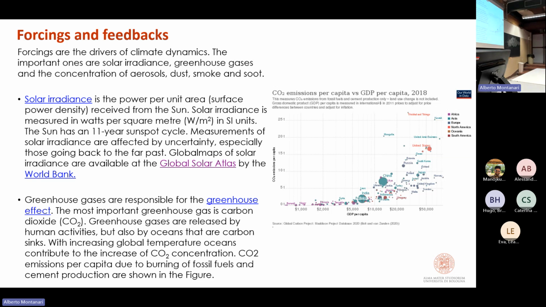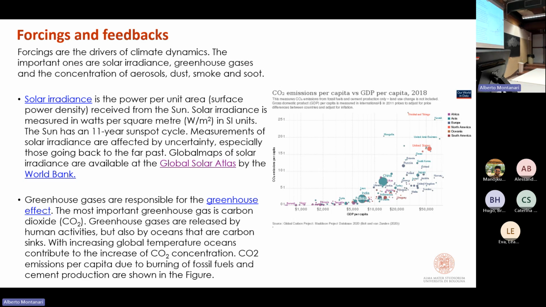The greenhouse effect is basically reflecting the back emission of solar irradiance from the Earth. So we have the energy from the sun. The energy from the sun hits the Earth, and part of it is reflected. And then the reflected part, if there is a high concentration of greenhouse gases, is kept in the proximity of the Earth's surface. And therefore, there is a heating of the atmosphere.